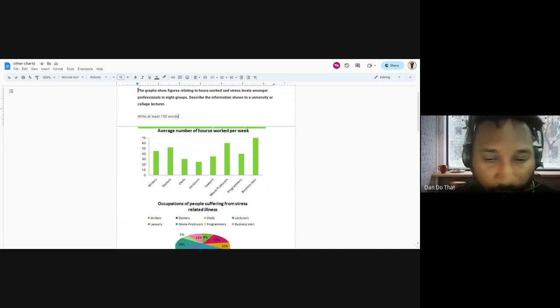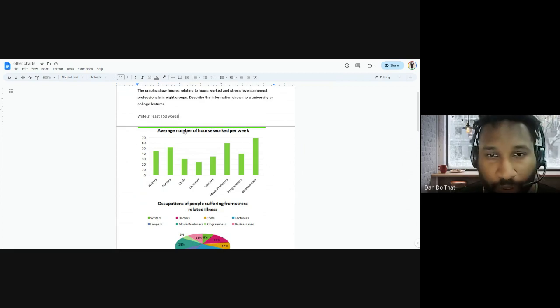All right, we need to paraphrase this. Change average to the averaged, turn it into a verb.